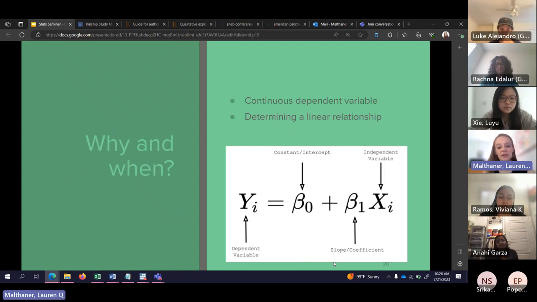As we mentioned, a linear regression uses a continuous dependent variable, so Y here has to be a continuous variable. The constant and intercept is where Y hits on the axis when X equals 0. And then you have your slope or coefficient, which is how much your outcome changes by different levels of the independent variable.